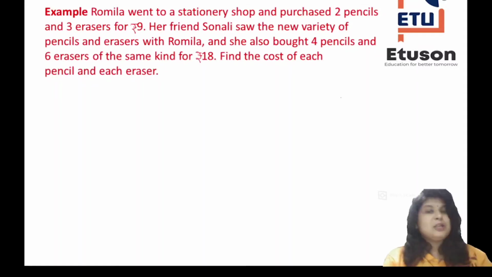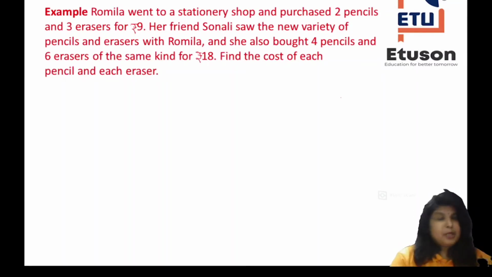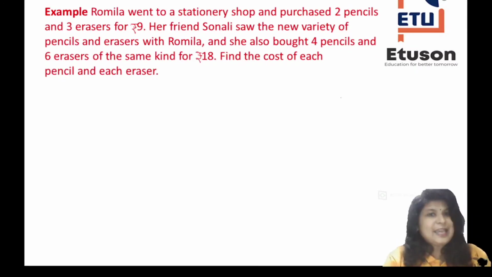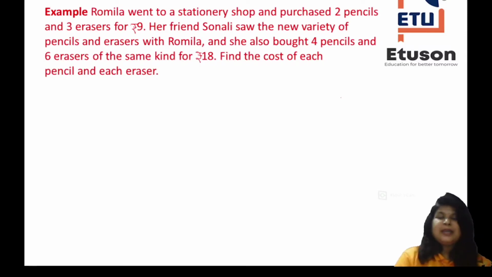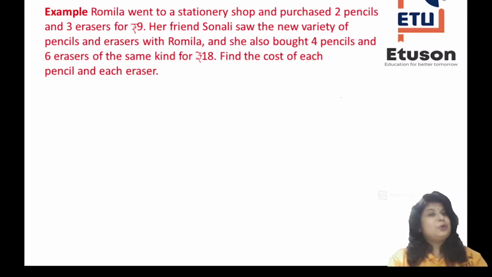So first you have to form the equations. Considering Romila's purchase, how many pencils is Romila purchasing? 2 pencils. Let the cost of a pencil be x and the cost of an eraser be y. So your first equation will be 2x plus 3y is equal to 9. Correct or not? Similarly, considering Sonali's purchase, you will get 4x plus 6y equal to 18.